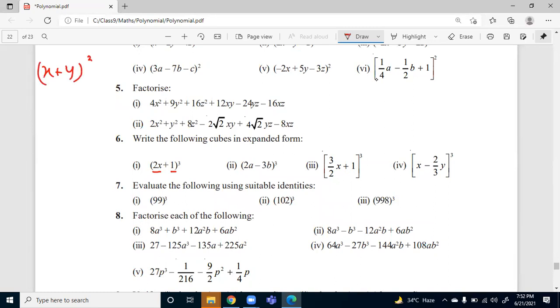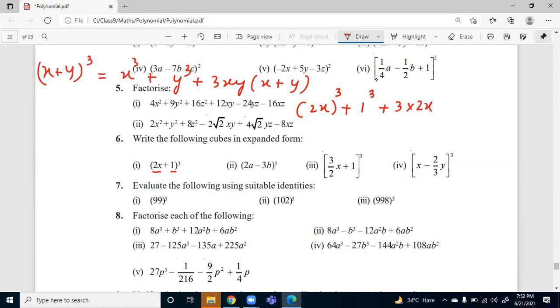I am using the identity x plus y whole cube is x cube plus y cube plus 3xy into x plus y. So see here, what is x? X is 2x. So I am writing 2x whole cube plus 1 whole cube plus 3 into x. What is x here? 2x. And what is y here? 1.